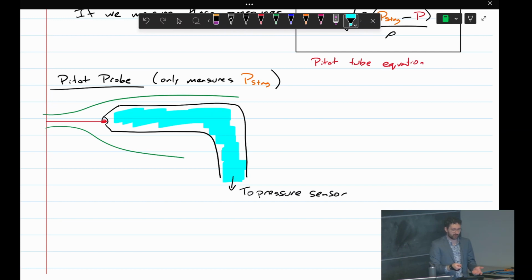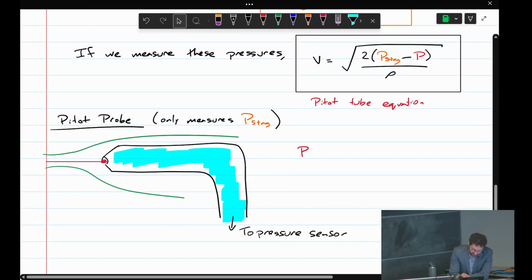So that pitot probe idea gives you P stag, and then usually the static pressure, P, because we need that for this equation, is measured elsewhere.